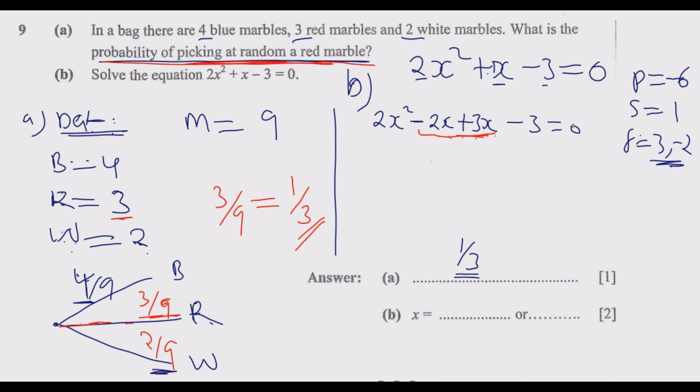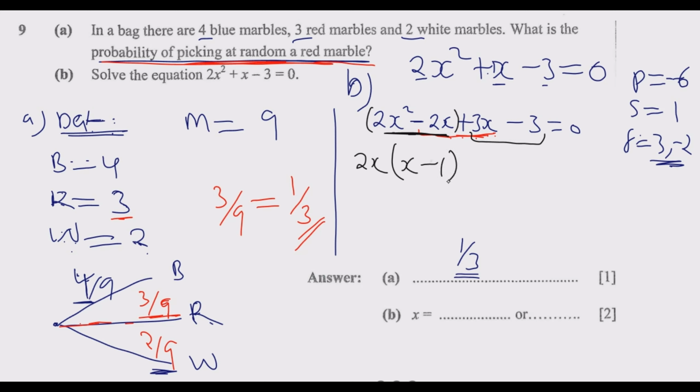At this point we separate this into groups. You can factor out what is common between the first two terms, which is 2x. So I can say 2x outside, then 2x into 2x squared is x, and 2x into negative 2x is negative 1.